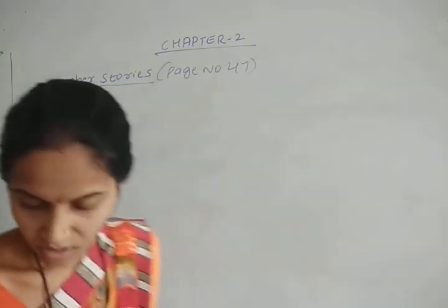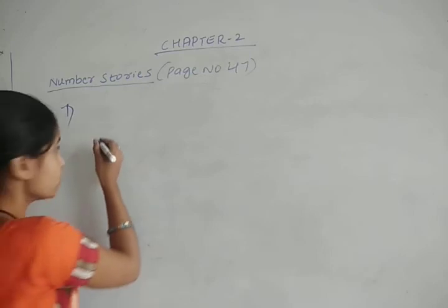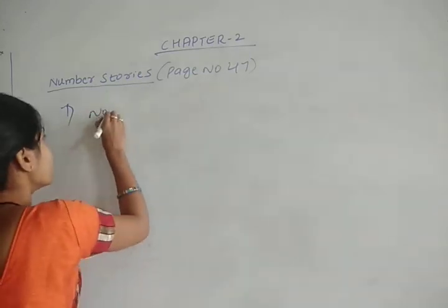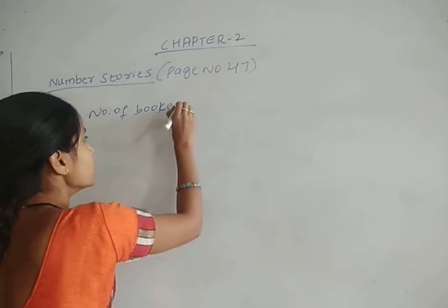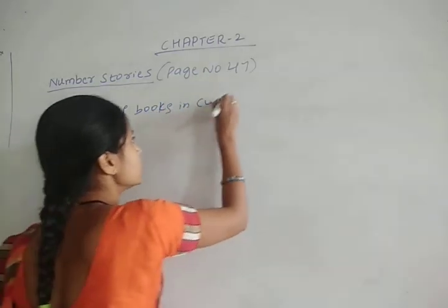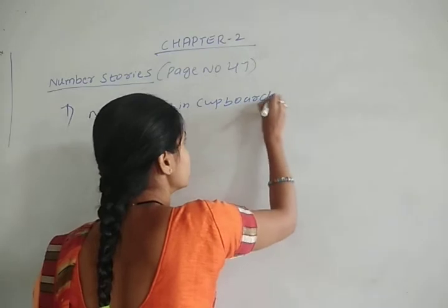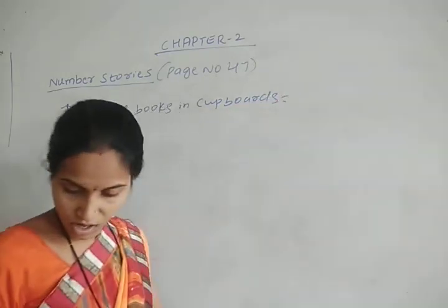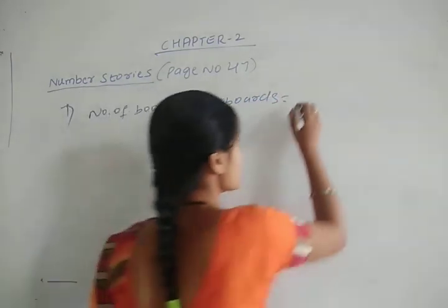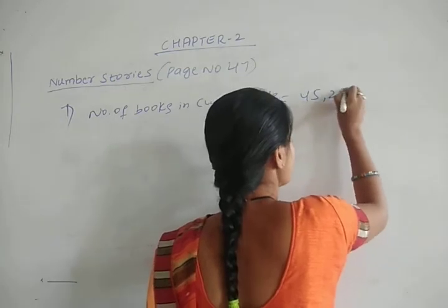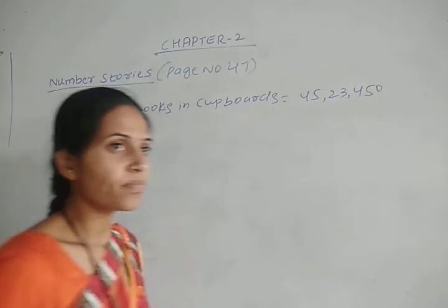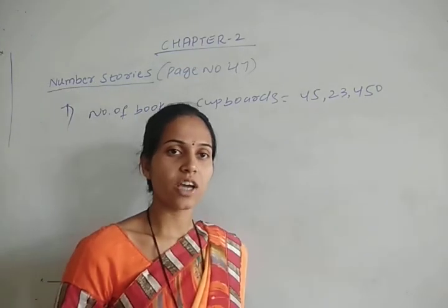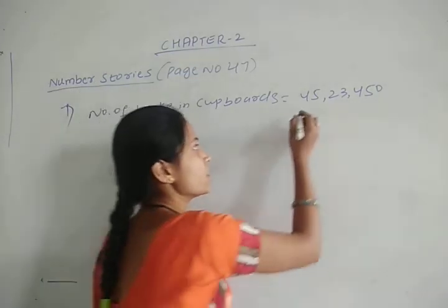Okay, now I will write here number of books in cupboard is, how much do we have? We have 45,23,450 books. Total number of books we were having in the college library is how much?